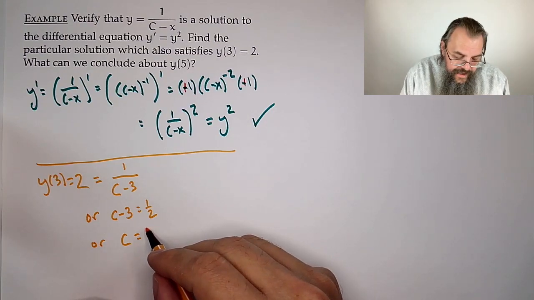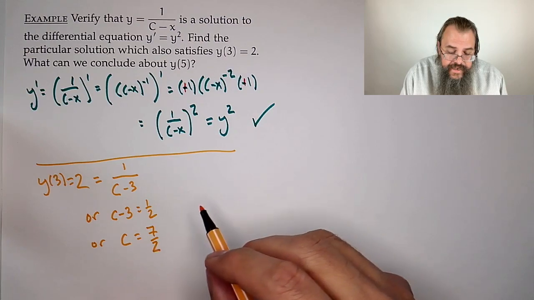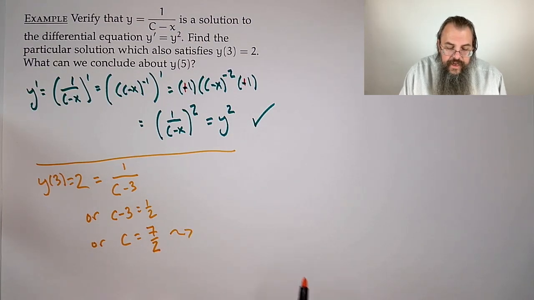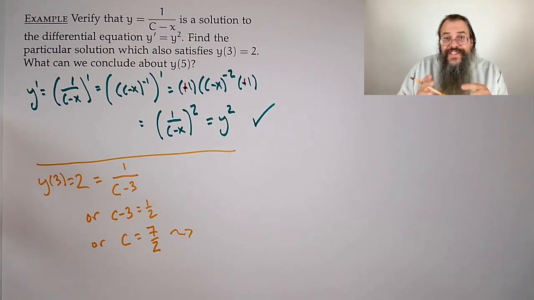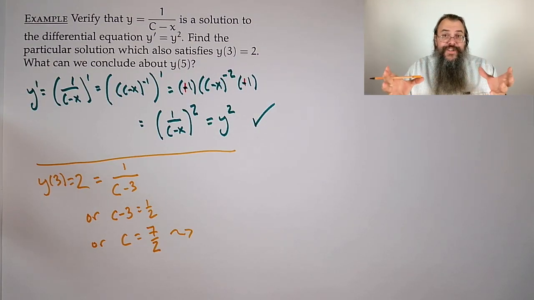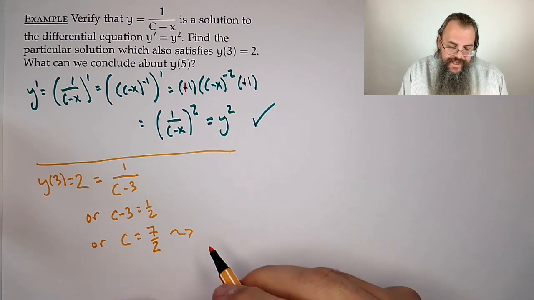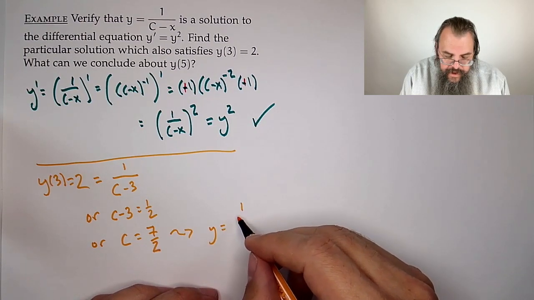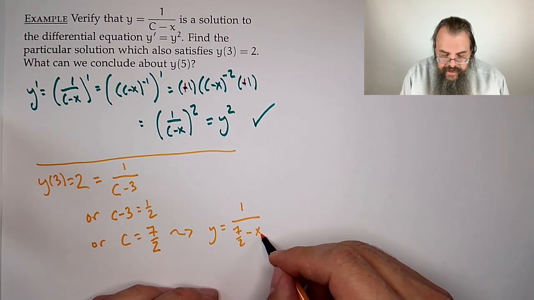So 7 halves. Great. Good. That's our choice for c. Now remember, when we talk about a solution, we're not after the c, we're after the function. So we're going to take that c and put it in. So that says our solution is y equals 1 over 7 halves minus x.